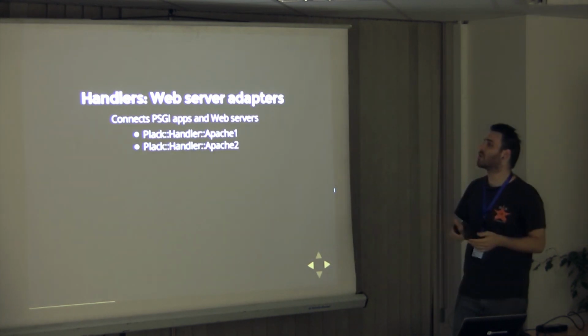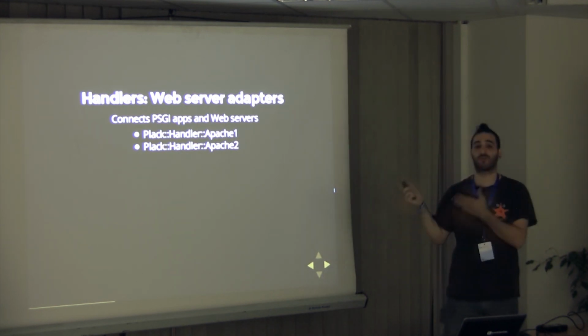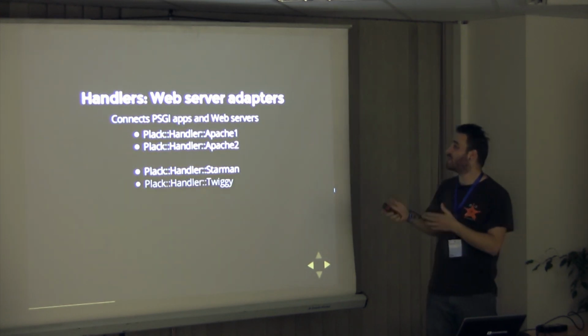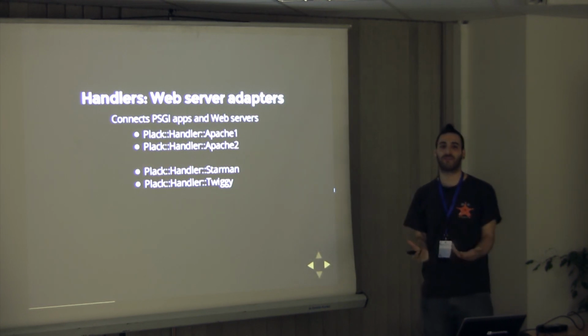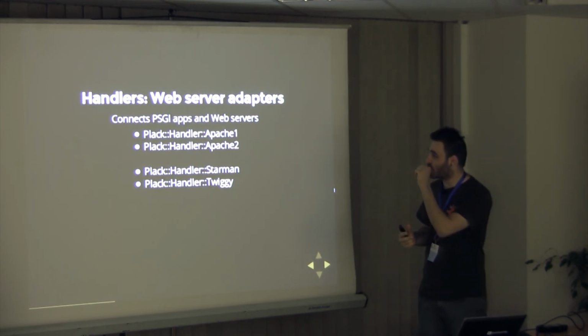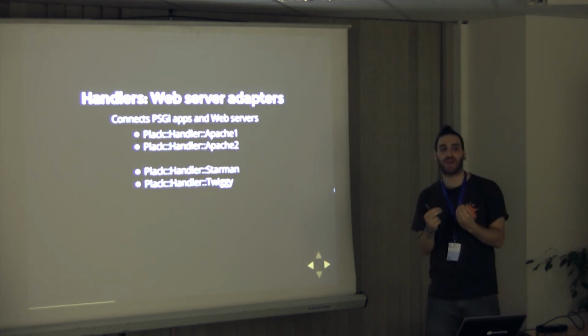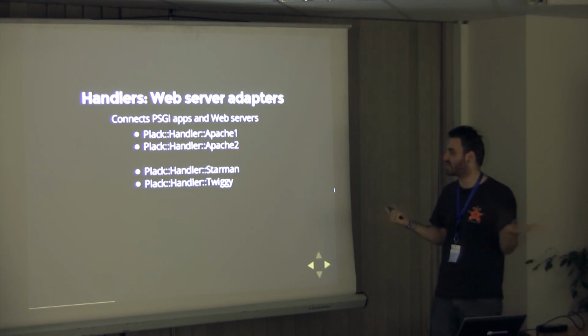So examples are Plack handler Apache 1, Plack handler Apache 2. These are server specific. There's also handler Starman, which is for even Perl-based servers, because it's that simple to write stuff now. It's no longer a challenge. So you have Perl-based web servers that are super fast, and they accept PSGI applications. It's just a code ref. So it accepts that code ref. Every request, it runs it. That's it.